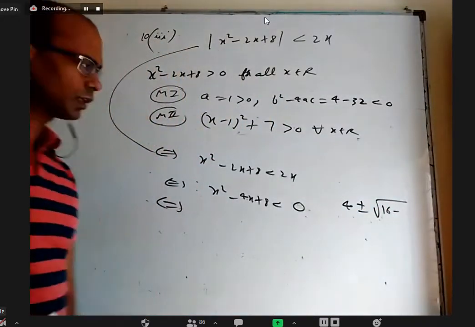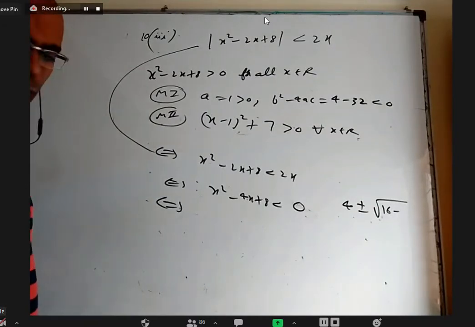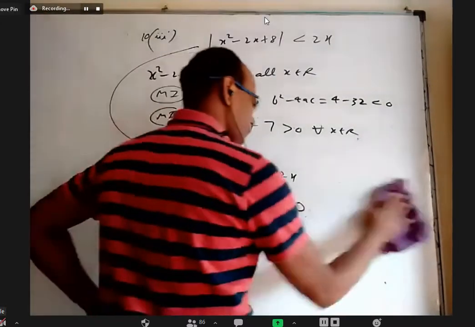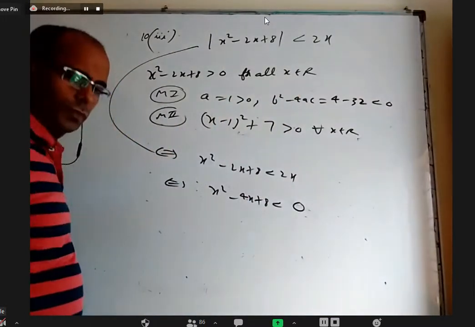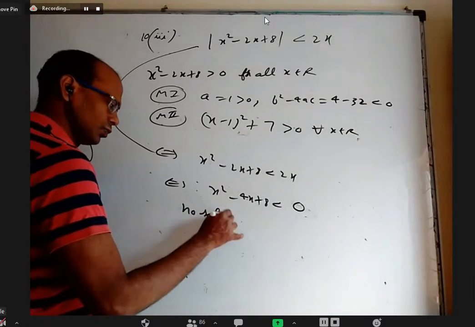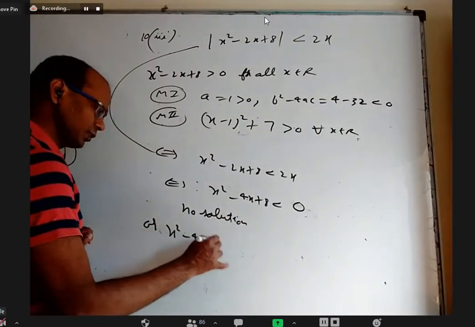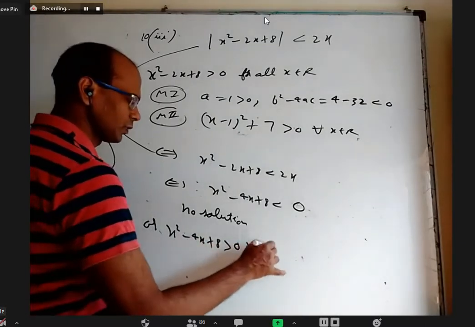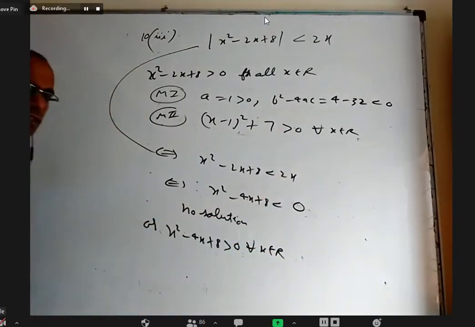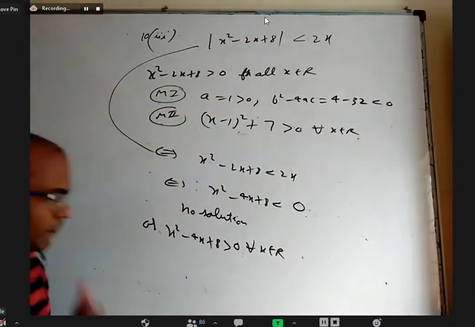No solution there. As x square minus 4x plus 8 is greater than 0 for all x belongs to R, it can never be less than 0. So, for this, no solution.